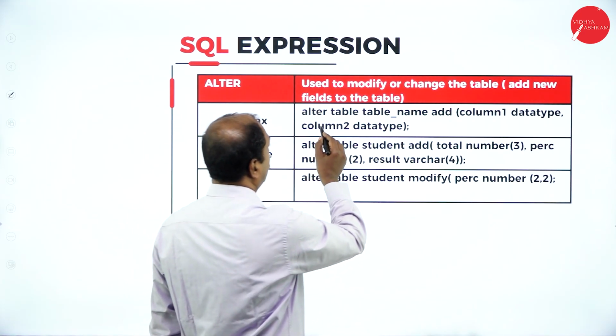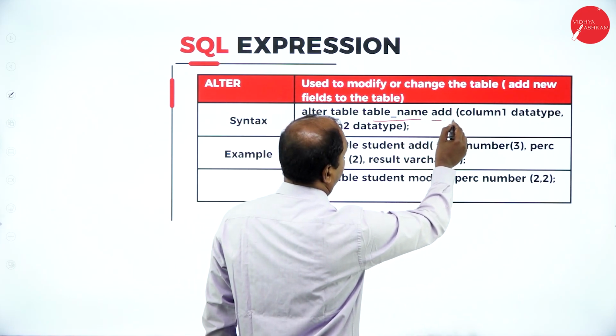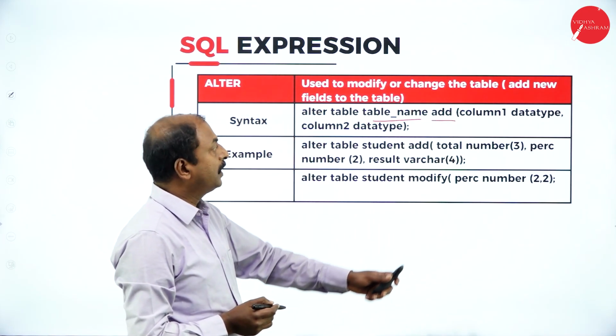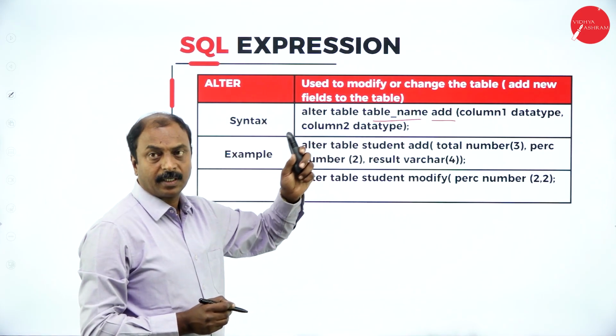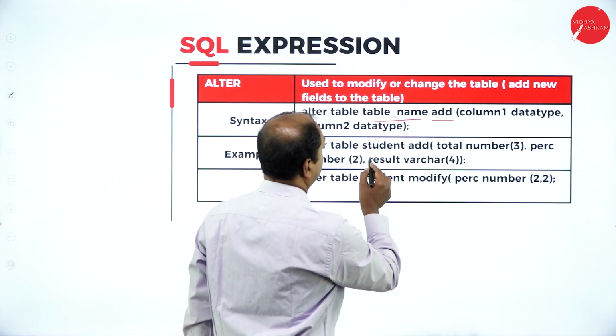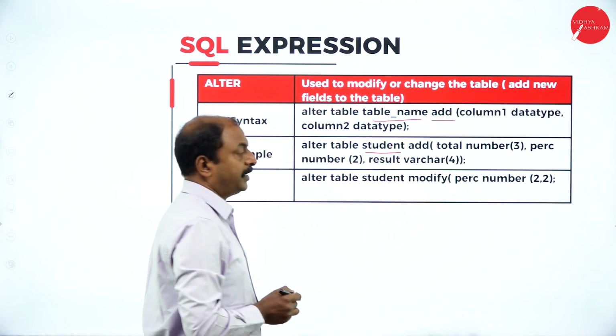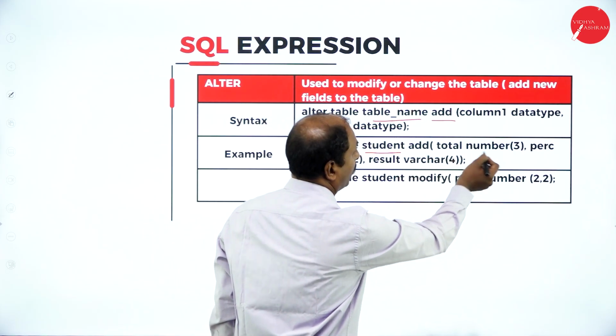The syntax is alter table, table name, add, and then we have to add the number of columns, column name with the data type, column name with the data type, and semicolon. Look at the example: alter table student. This is the name of the table, and we are going to add the following columns.